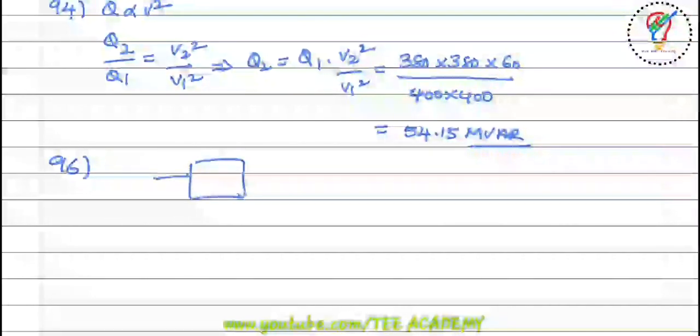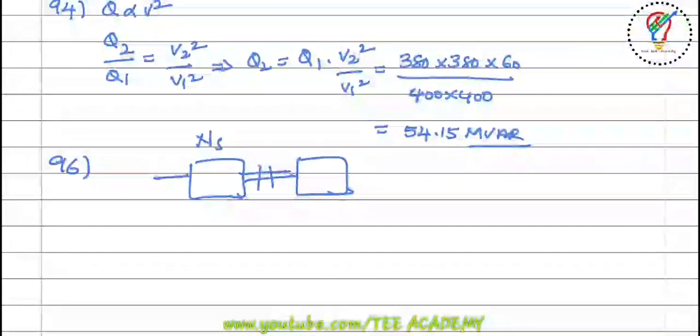There are two alternators connected mechanically like this. This will have a speed of ns1 and this will have a speed of ns2. For 50 Hz, generally ns is equal to 120 f by p.